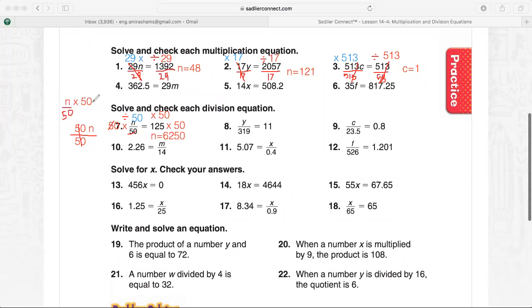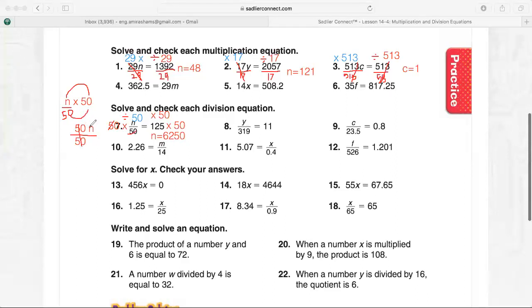I multiplied the right side by 50, 125 multiplied by 50, and on the left side I multiplied n over 50 by 50. When I multiply a fraction by a whole number, I multiply the numerators together, so it will be 50n. And when I multiply the denominators together, it will be 50.